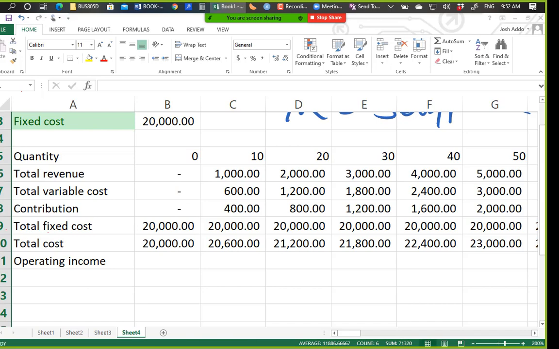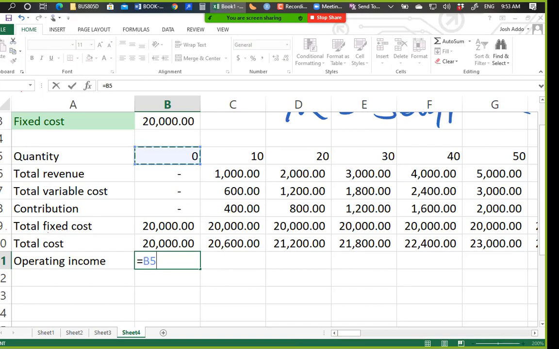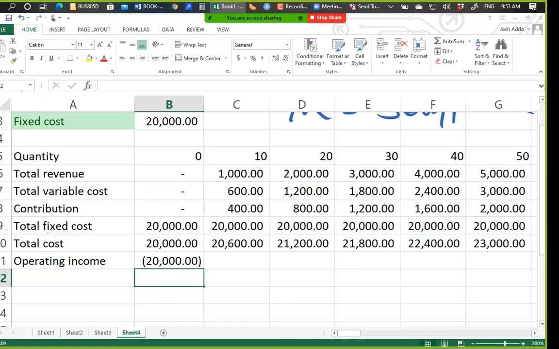Okay, and we know that our operating income is equal to our revenue minus our total cost. So at output 0, your profit will be negative 20,000. That's your fixed cost. You will make a loss of your fixed cost.